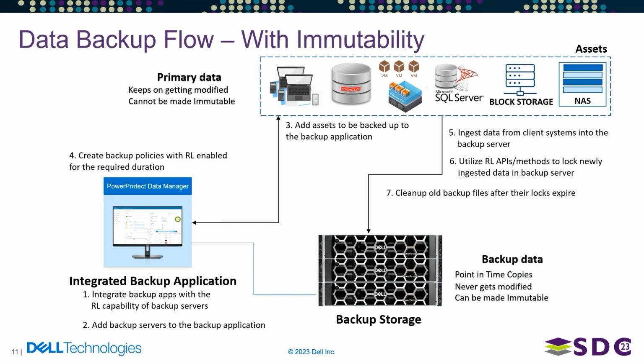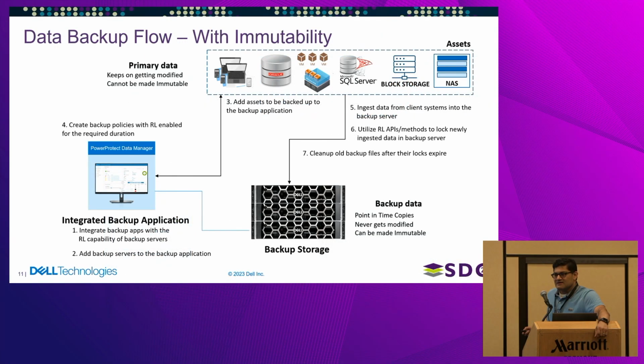Yeah, question? So are the locks applied at the backup side of things or on the primary data? Yes, on the backup side. You see, we cannot lock the primary because the primary keeps on changing, right? They have a database, and that database is always changing.